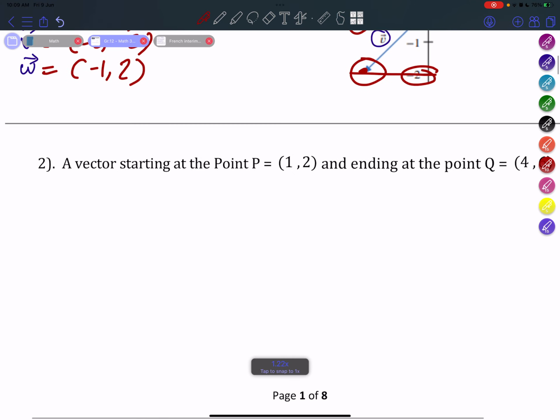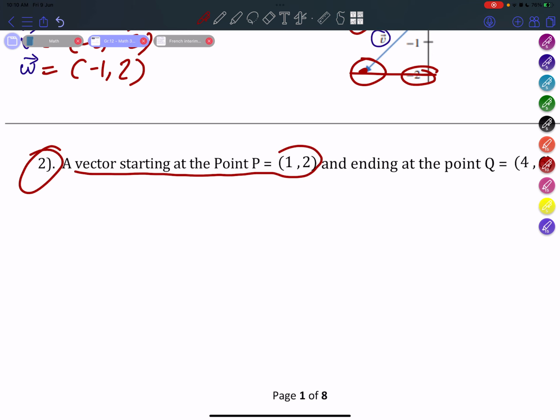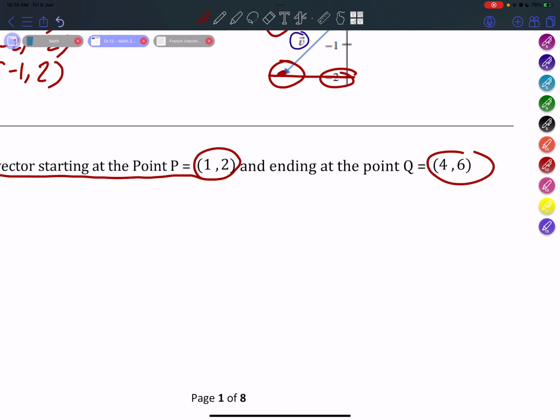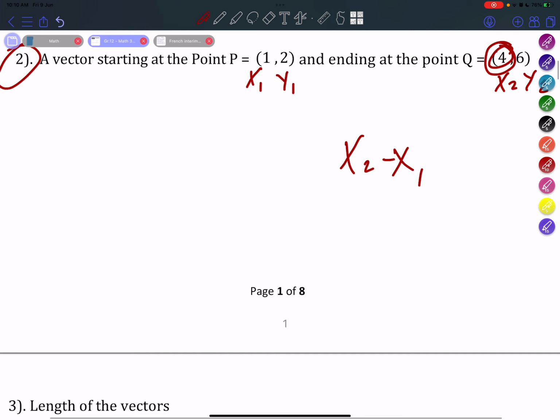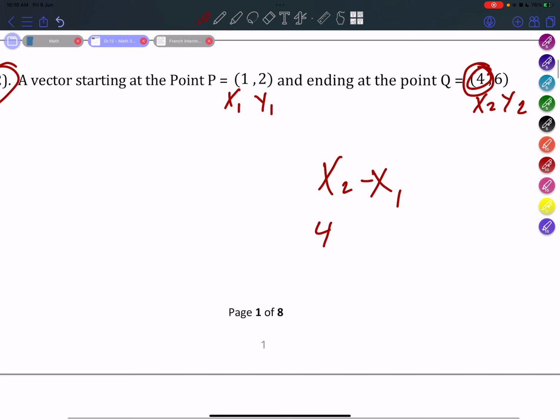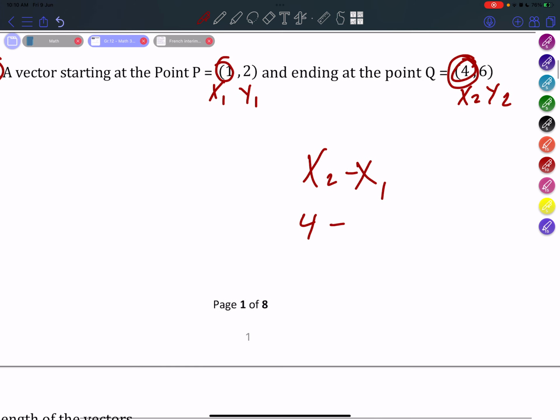Now, when we solve it through an equation, or algebraically: a vector starting at the point 1, 2 and ending at the point 4, 6. So this is x1, y1, and this is x2, y2. We take x2 minus x1. In this case, 4 represents x2 and 1 represents x1.